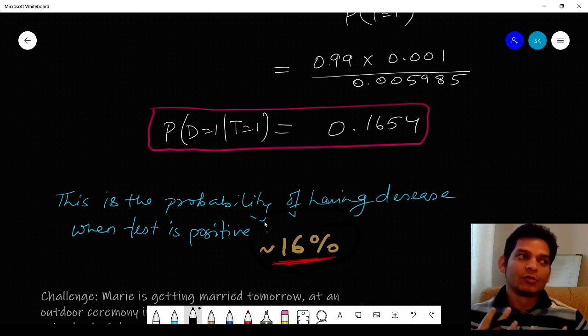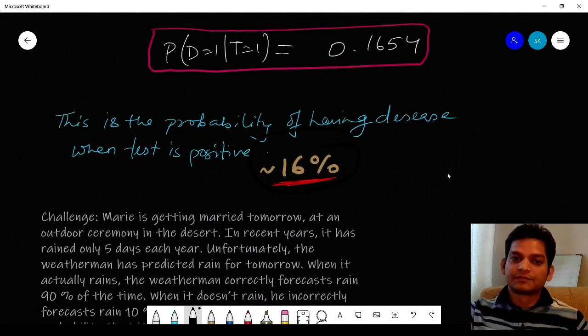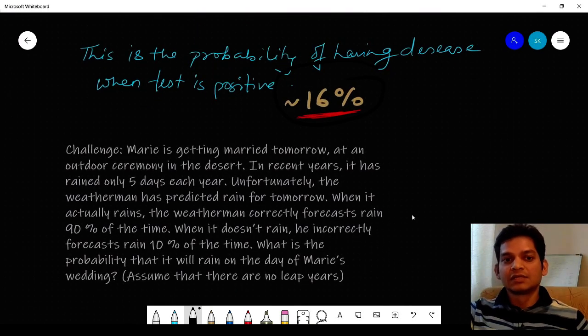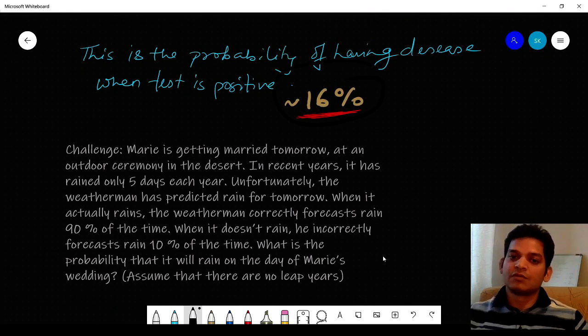Normally when we have a positive test, we immediately think that yes, I have the disease, but 16% is pretty low. Now that we have understood everything, I will give you a challenge. Just read it and try to resolve it. If you face any problem, let's discuss in the comment section. I will help you out.